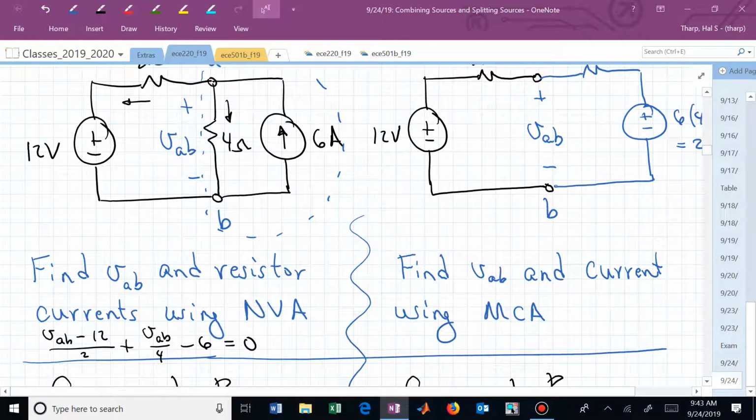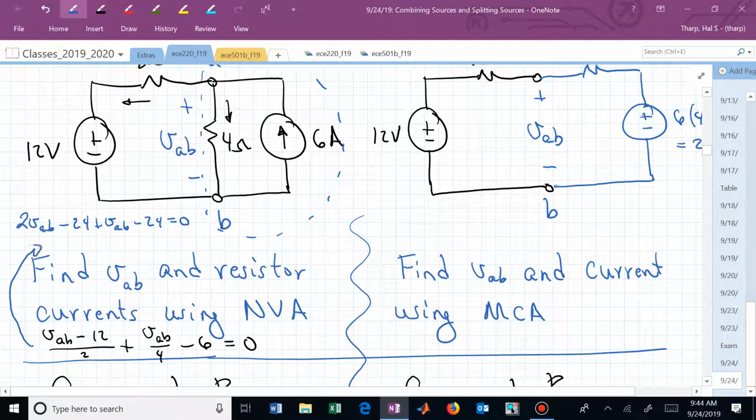We now have minus 6 equaling 0. Now we can solve that for VAB. We have one equation in one unknown, the unknown being V sub AB. If we multiplied all terms by 4, we would have 2 VAB minus 24 plus VAB minus 24 equaling 0.